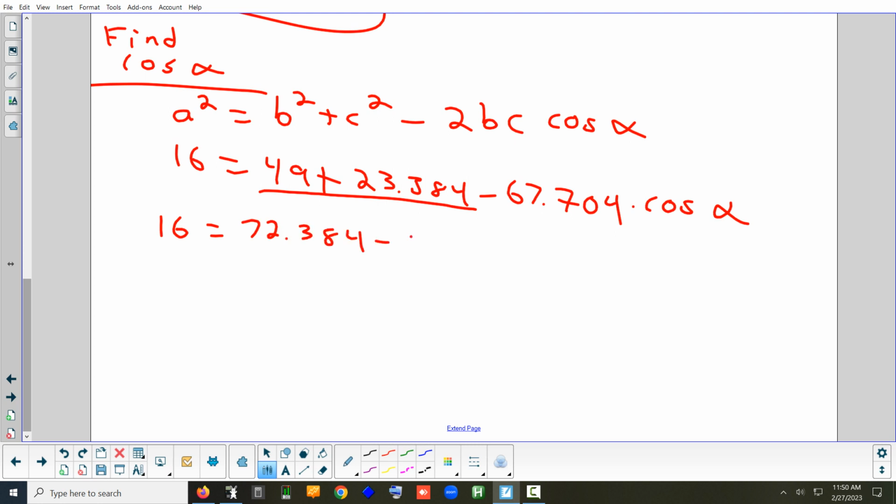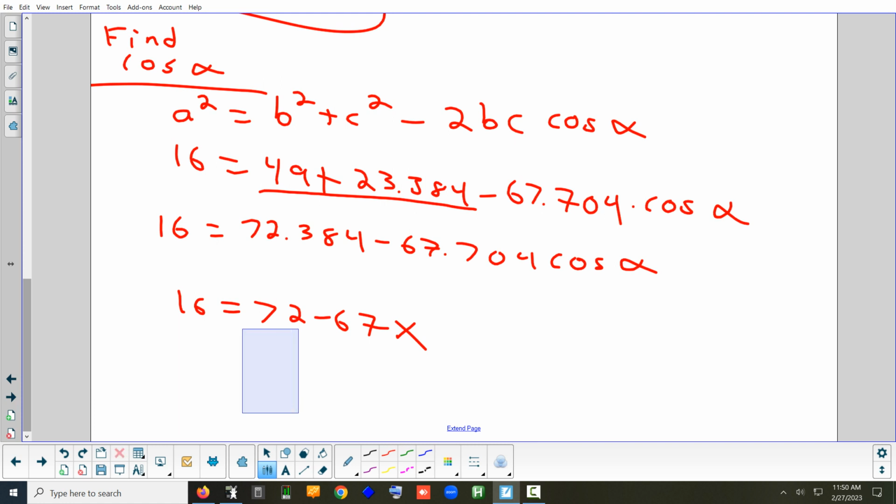If you're wondering why I didn't subtract the 67 from that, it's attached to the cosine. It would be like if you had 16 equals 72 minus 67x. You're trying to get x by itself. You can't do 72 minus 67. You need to take the 72 and do something else with it. So what are we going to do with this 72?